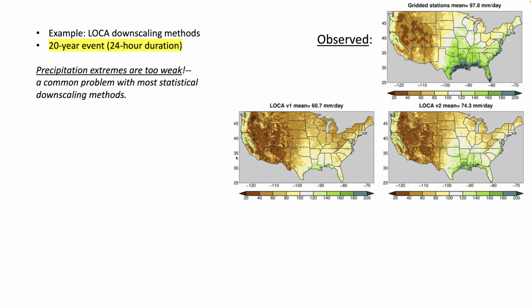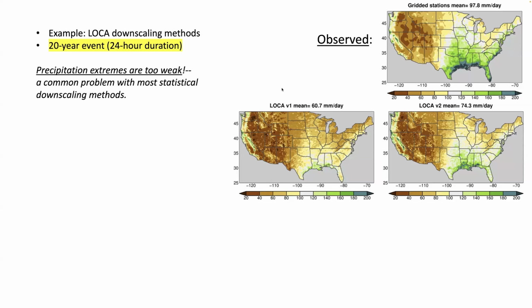But at the bottom here are the two LOCA examples. And you see at the outset that just averaged over the whole country, these are much lower than the observational data. And if you just eyeball it, you see a whole lot more brown on these maps, compared with the observations, which show a clear influence of Gulf moisture going north and providing fuel for heavy precipitation.